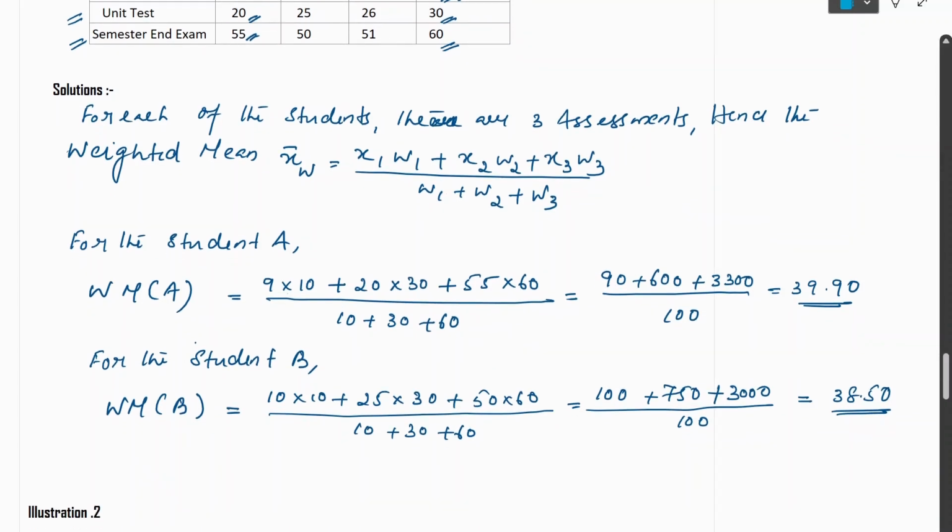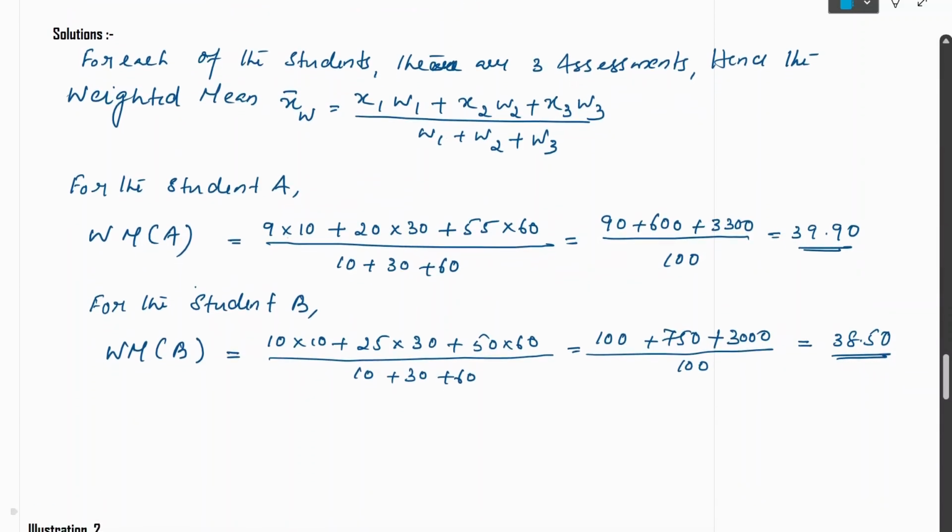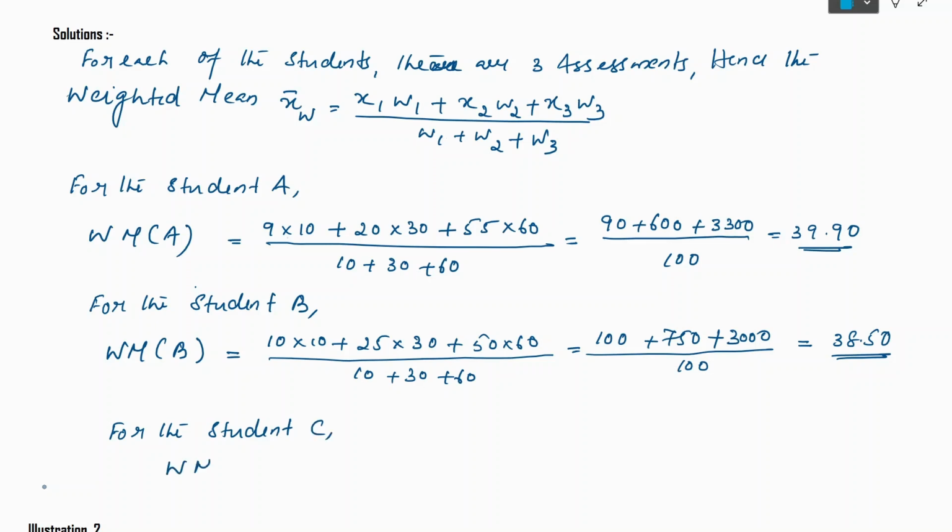Next, last one. That is for the student C. Weighted mean of C, that is equal to, here we are considering the values, that is 9 marks for the assignment into 10, 10 is the weightage, plus 26 marks for the unit test into 30 plus 51. See the question and write.